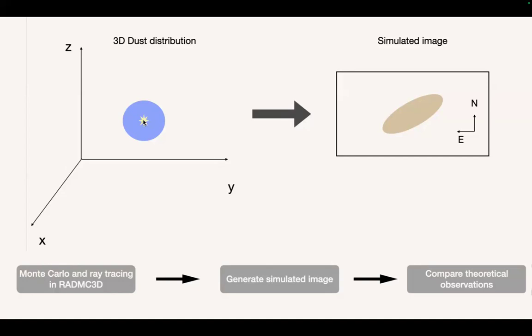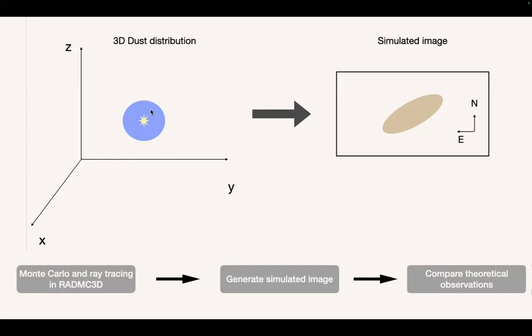Now, of course, the dust distribution that we used consisted of amorphous silicates. The goal was to see if, using various dust distributions and morphologies, we could get a simulated image that compares well with the observations that we have.